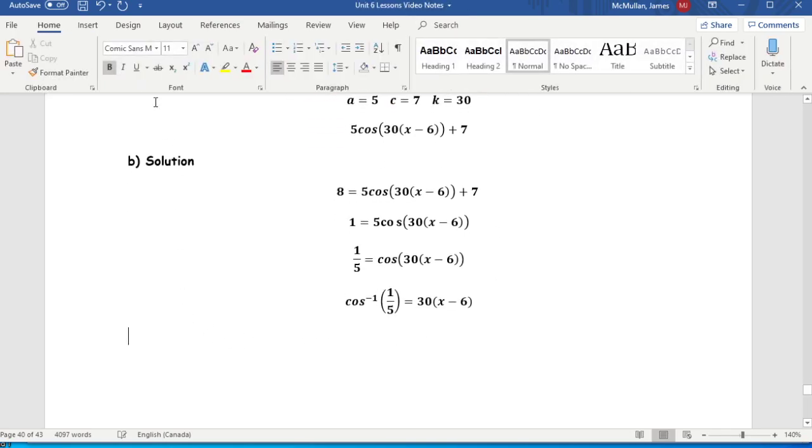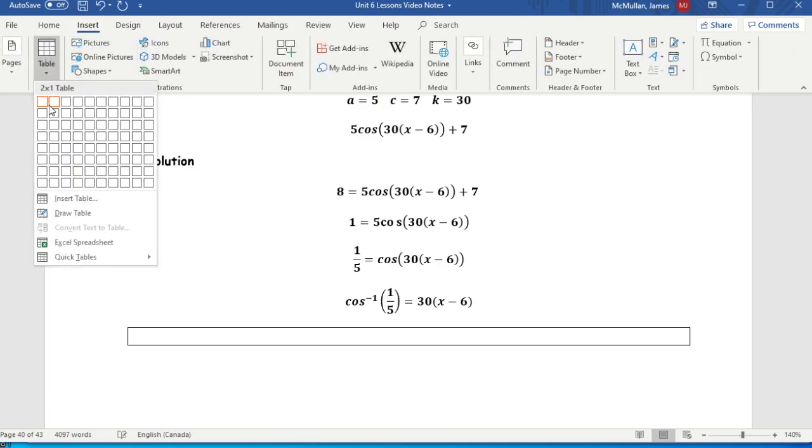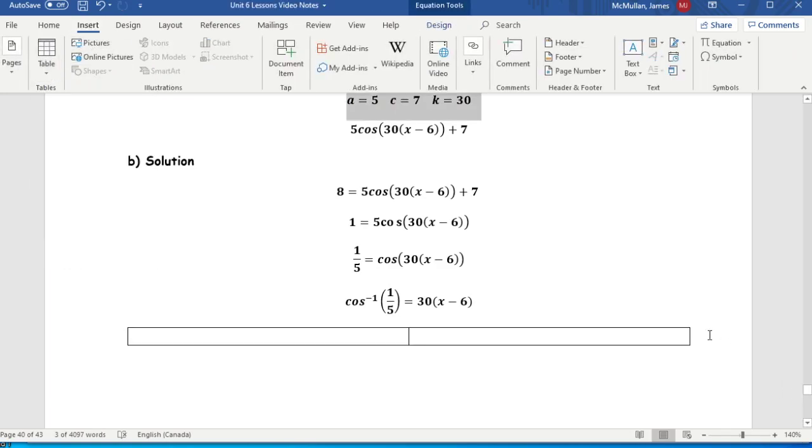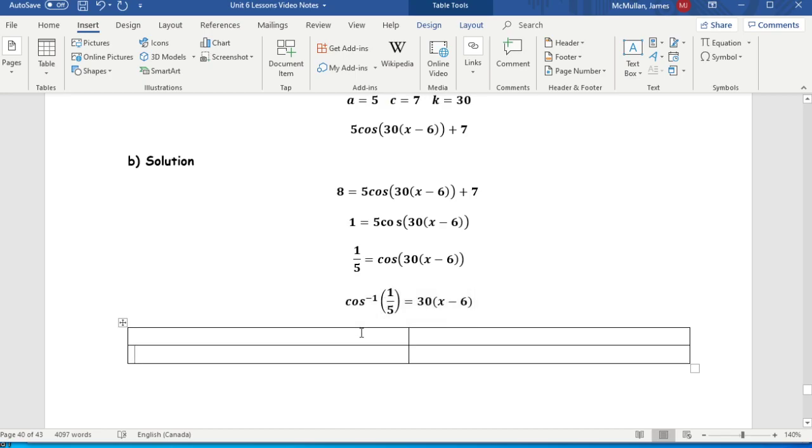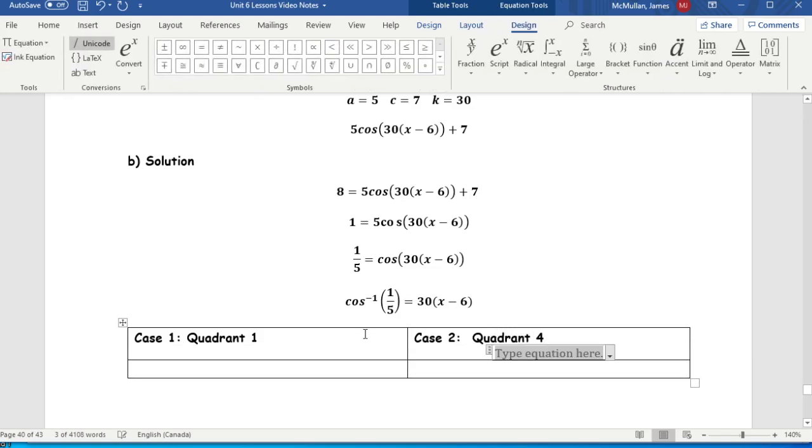Now, in the previous question, we got lucky because we were looking at an example where it was equal to 1 or negative 1, and there was only one case. So let's do case 1, quadrant 1. Where's the other place that cosine is positive? Quadrant 4. In quadrant 4, theta is equal to 360 minus beta.